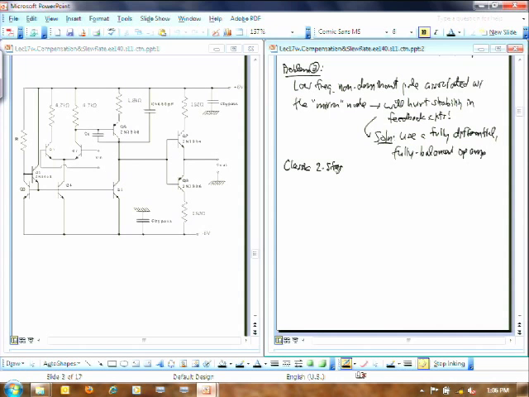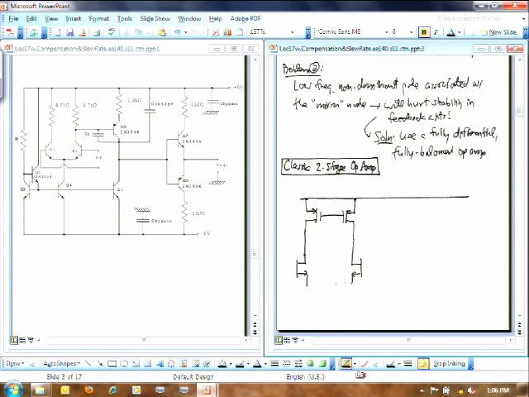So the first stage of this thing is simply the differential pair that you've seen before that is current mirror loaded. So I'm just going to draw right here a current mirror load differential pair. I'm going to have a current source down here that's supplying the tail current.